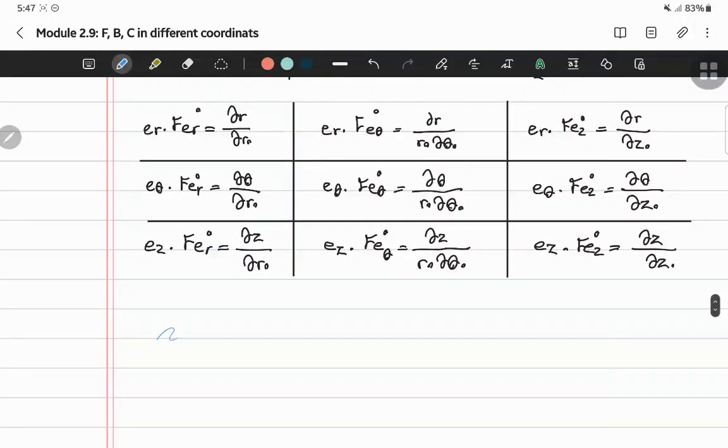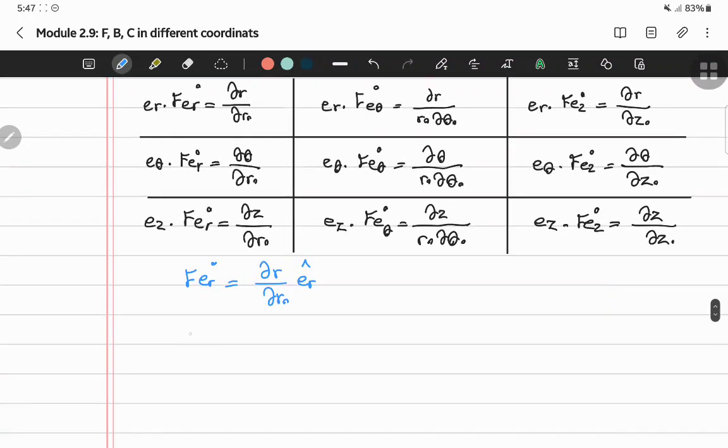So if I write this, for example, e_R dot F e_R0 is equal to the partial derivative of r with respect to R0. If I dot both by e_R, this becomes 1 and this becomes e_R, right? And if I write the same here, e_theta dot F e_R0 is equal to the partial derivative of theta with respect to R0.